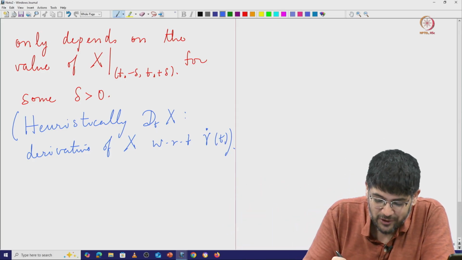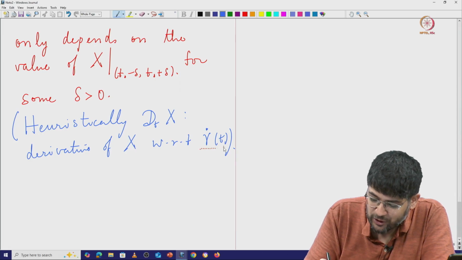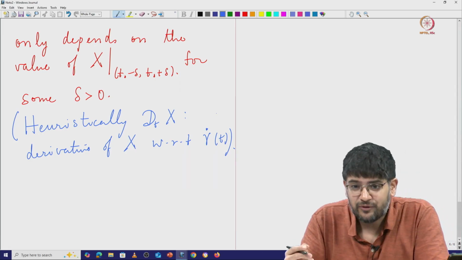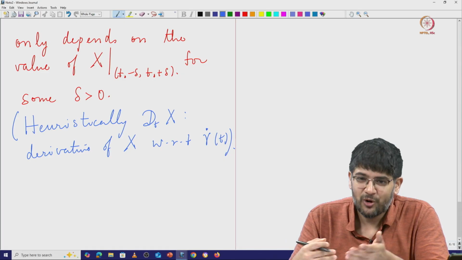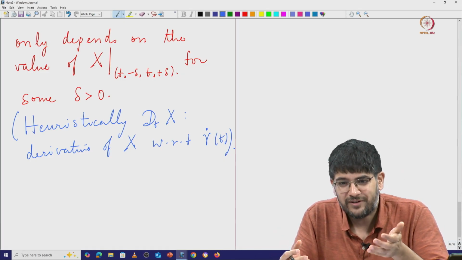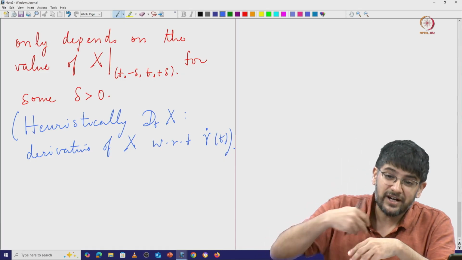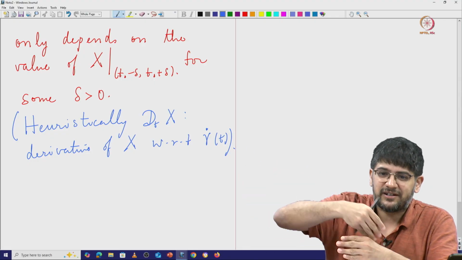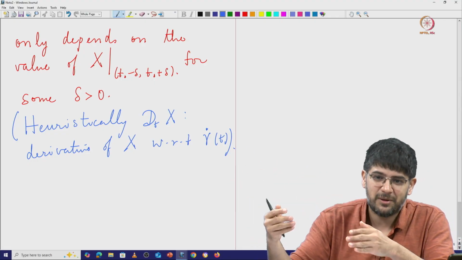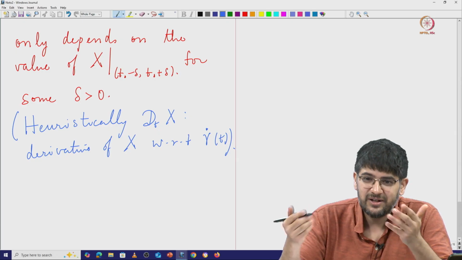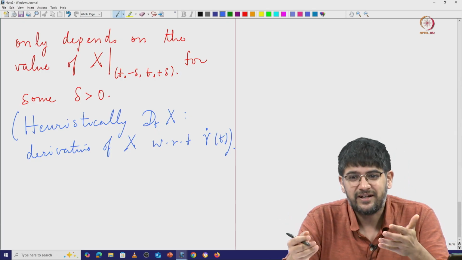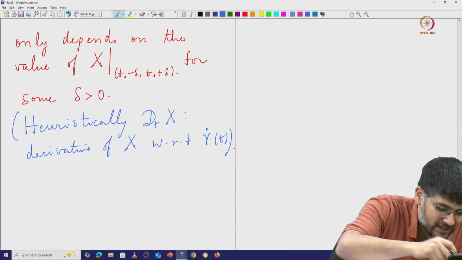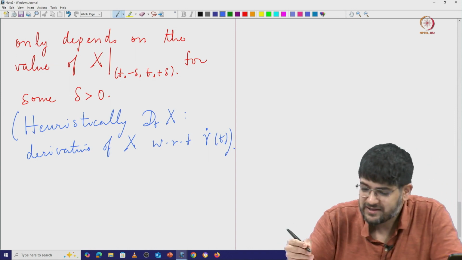So if I'm calculating the derivatives with respect to gamma dot of t, then gamma is obviously an integral curve of gamma dot of t by definition, right. So then it's enough to actually just restrict attention to the values of x on gamma of t. So that's essentially why this operator Dt is well defined, okay. But anyway, let's write down all the details.